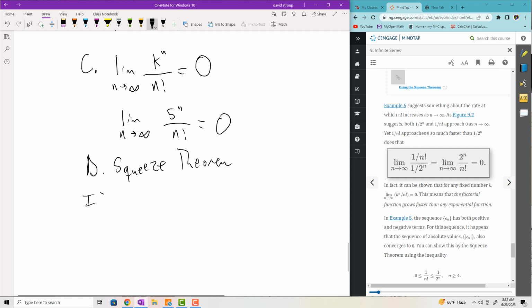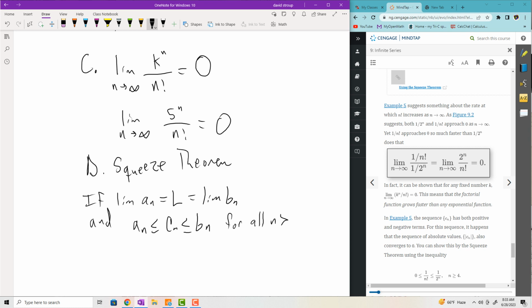So basically, if the limit of a sub n equals some value L, which equals the limit of b sub n, and you have some sequences with this inequality holding: a sub n is less than or equal to some other sequence, call it c sub n, and then b sub n is on the top of it, for all n greater than some N. If that holds, then the limit of c sub n will equal L as well.